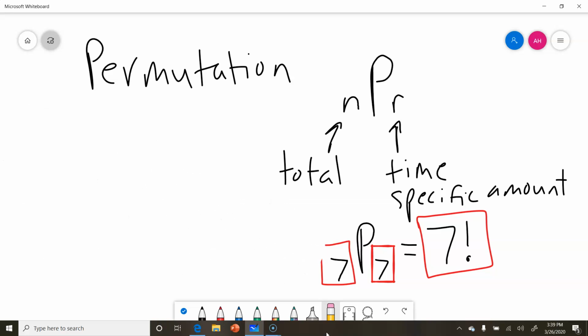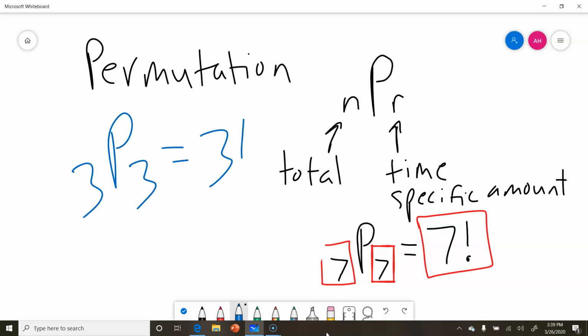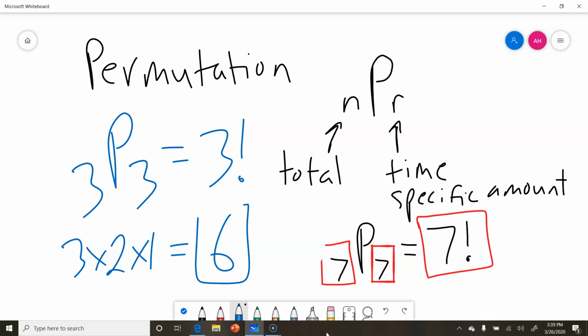If they didn't even tell you what it was, but they said 3P3, you know that's going to equal 3 factorial, which would be 3 times 2 times 1, which is 6. Does everybody see that? So if they're the same, then you just use the factorial. That's the easy part of our formula.